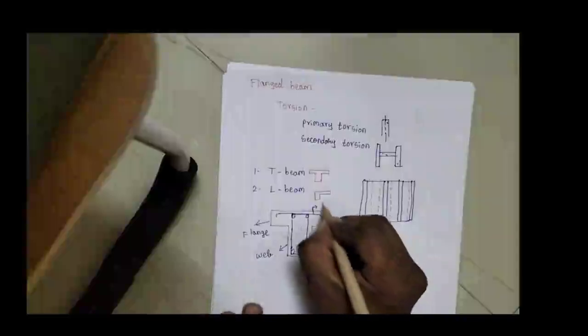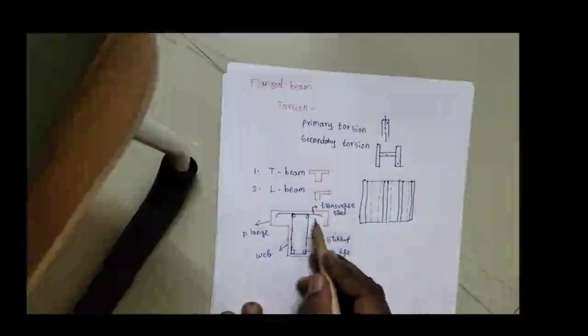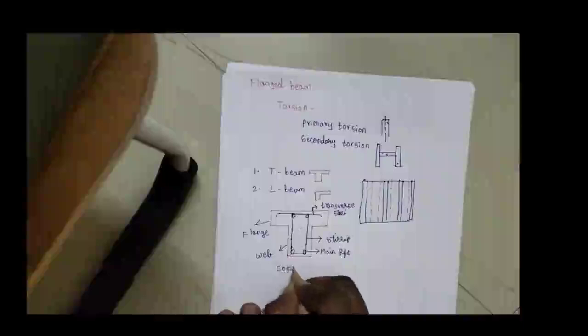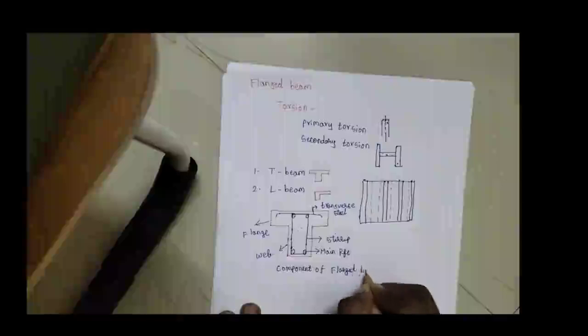This is what we call transverse steel. So these are the components of a flanged beam. This will be asked as a 2 mark question: components of a flanged beam.